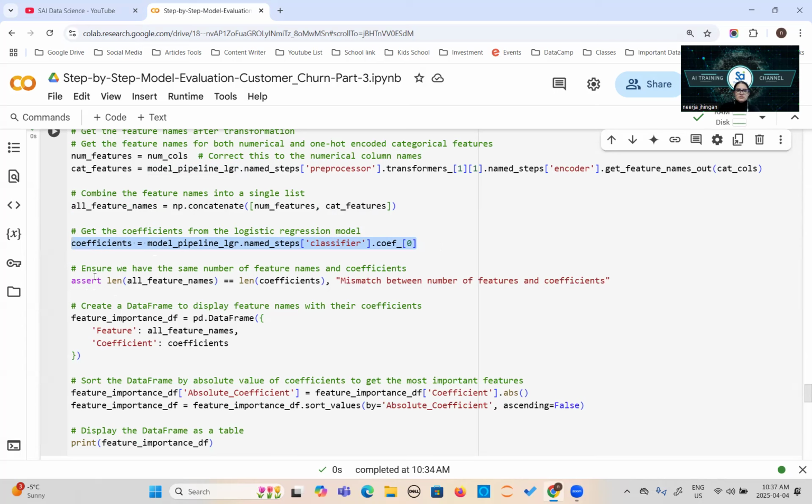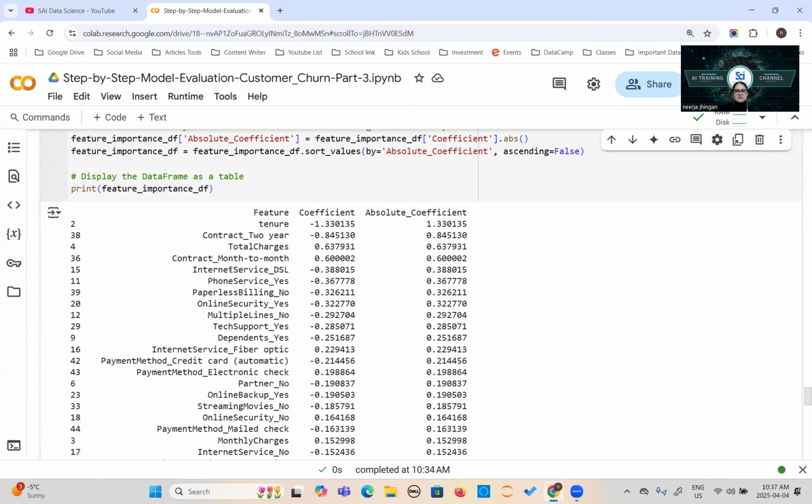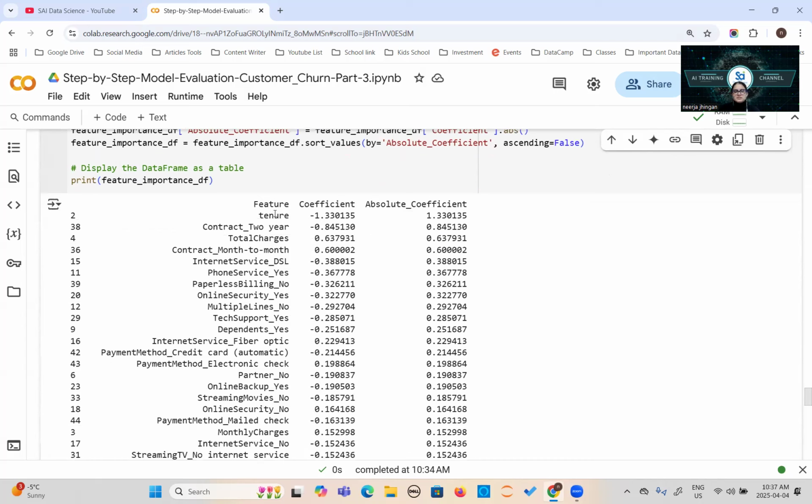And then we will ensure we have the same number of feature names and coefficients. This is just the check using the assert method. And then feature importance, I have created the data frame for you. Now look at this. This is your feature. This is coefficient. This is absolute. The difference between coefficient and absolute is just that a negative value is converted into a positive value. That's it. No other difference.